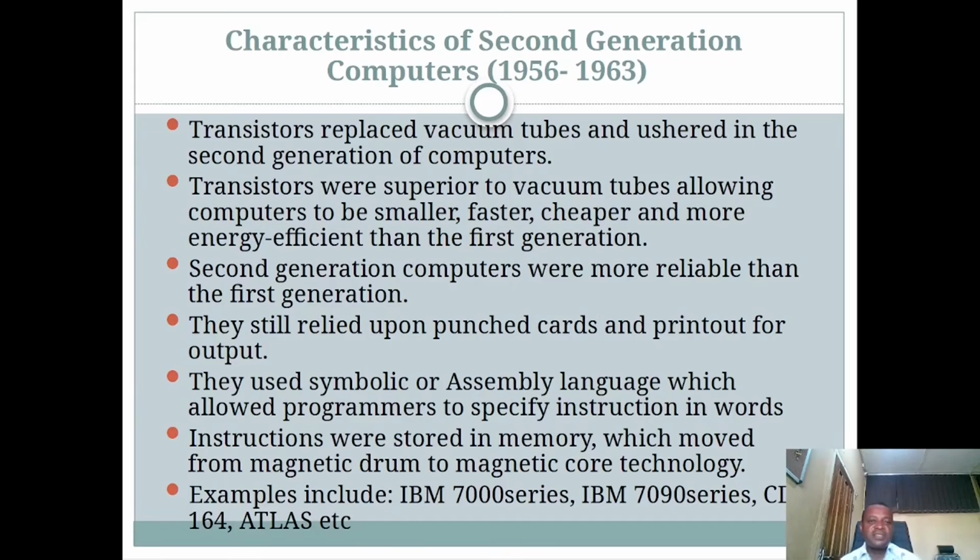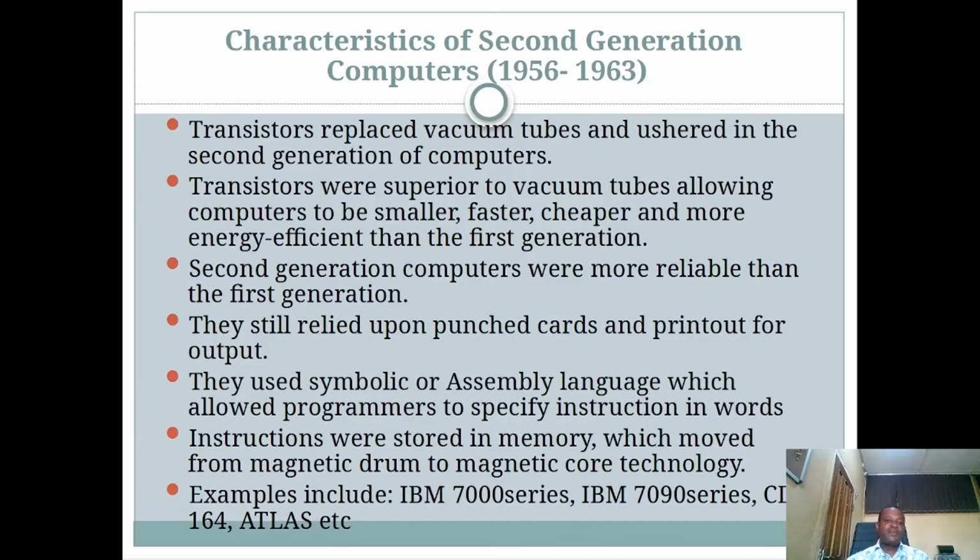Another characteristic is that instructions were stored in memory, which moved from magnetic drum to magnetic core technology. Examples of second generation computers include the IBM 7000 series.